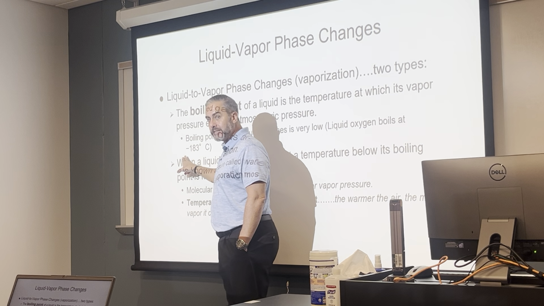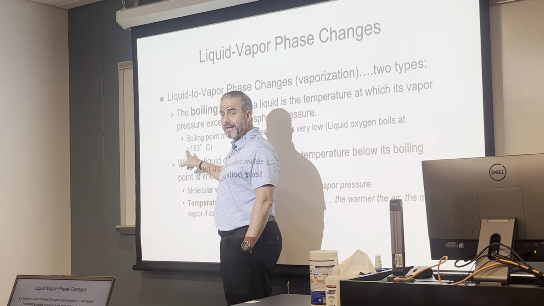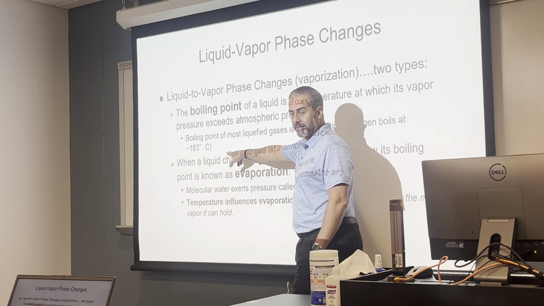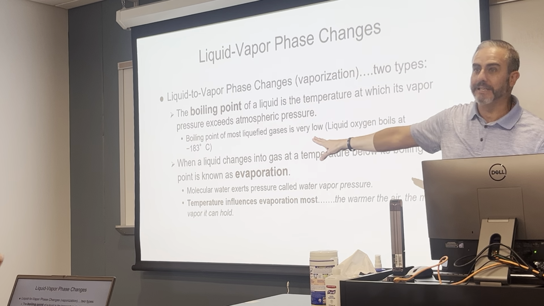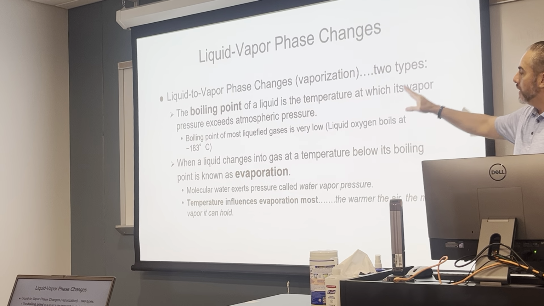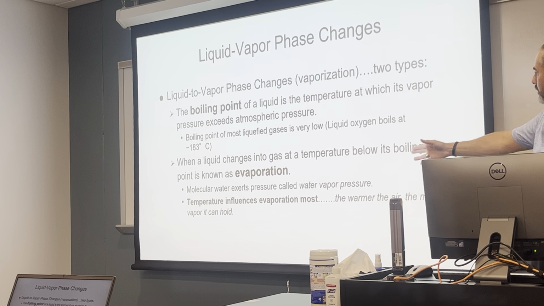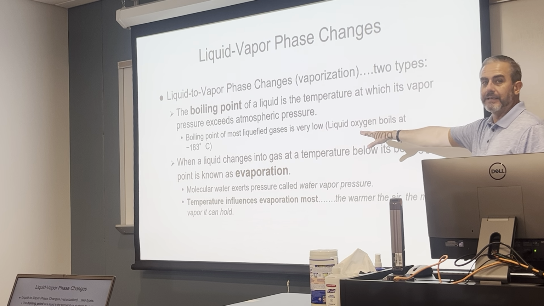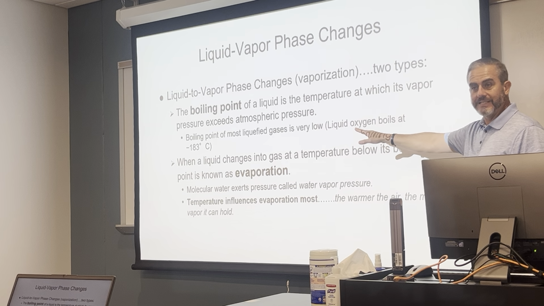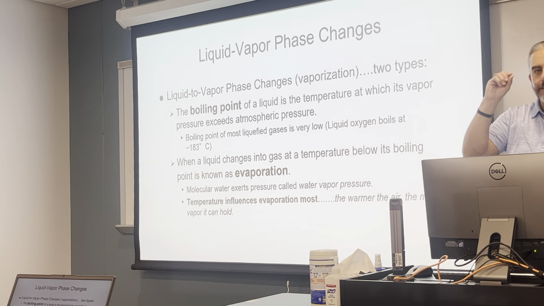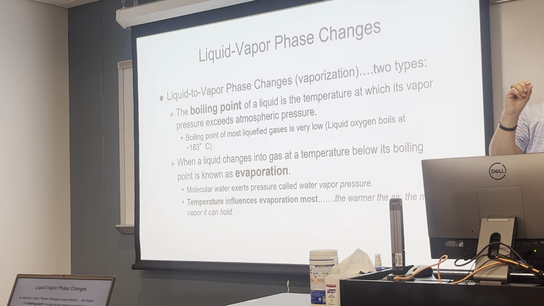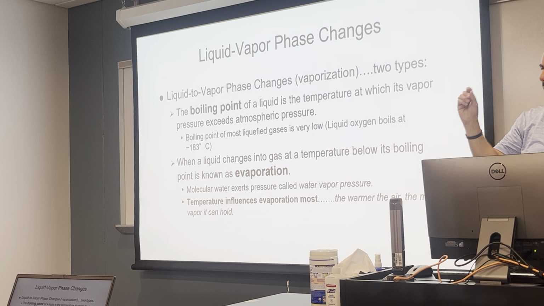It has to be less than negative 183 degrees Celsius. I can't appreciate how cold that is, but that's extremely cold, right? That keeps the oxygen in its liquid form. But if I allow the temperature to reach negative 183 degrees Celsius or even negative 184, that liquid oxygen will then turn into a gas.